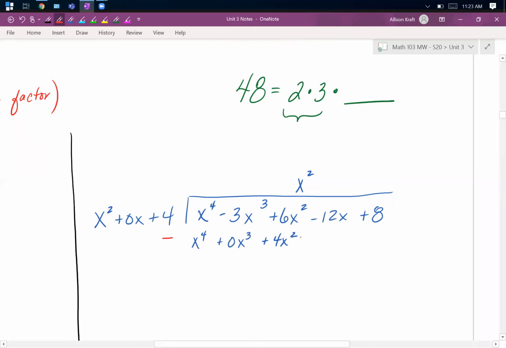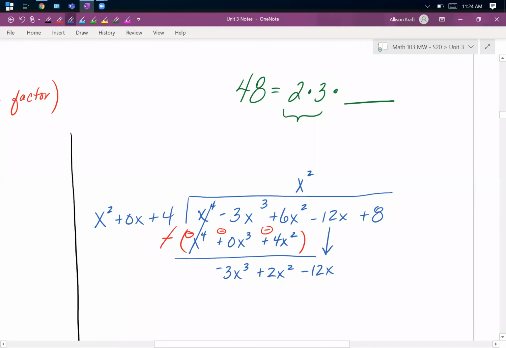Next, we subtract this whole thing where we distribute in our negative, and then we can just add down. -3x to the 3rd plus 2x squared minus 12x.